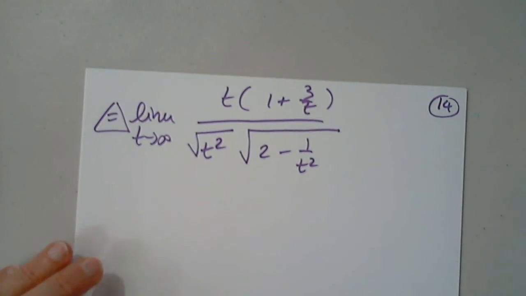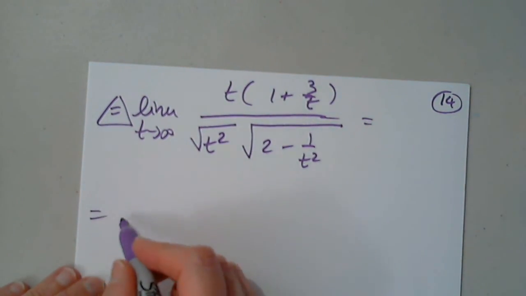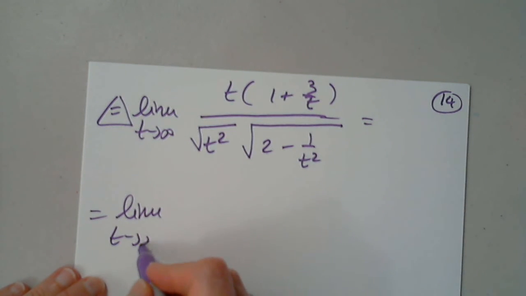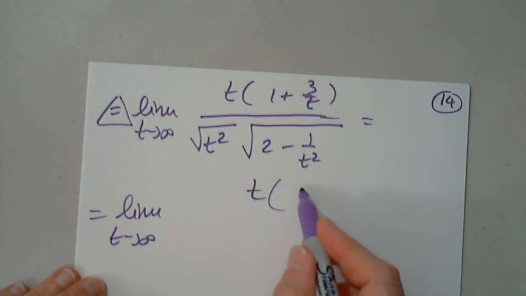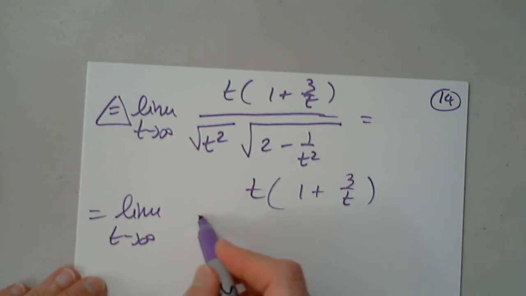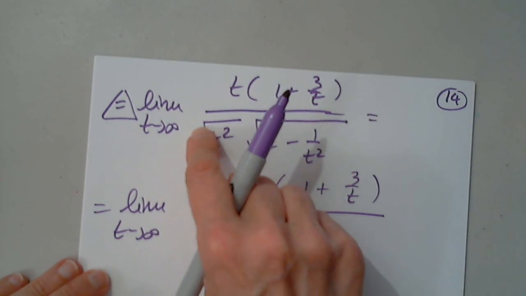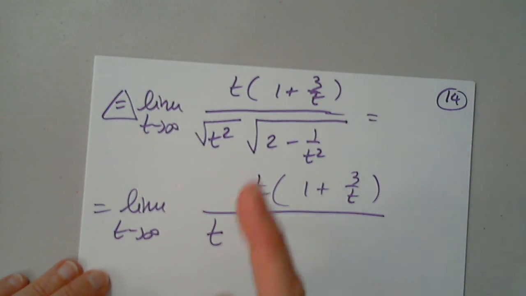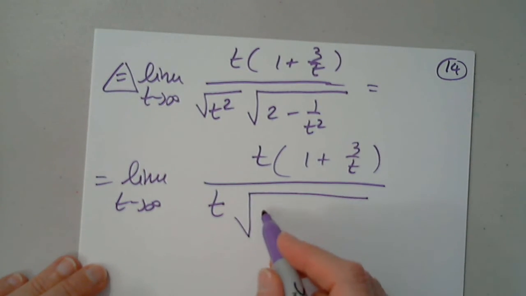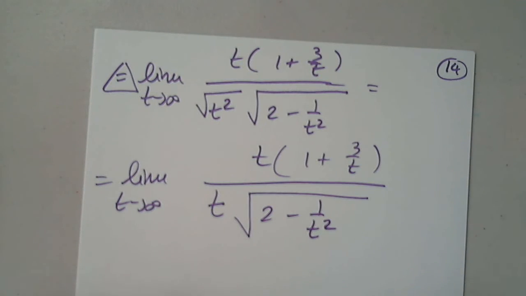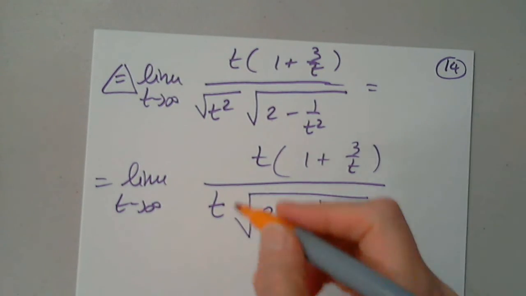Then I'm quoting what you just told me, that the square root of t squared will be replaced by t only because t approaches infinity. And yes, of course, that's what I was hoping for.